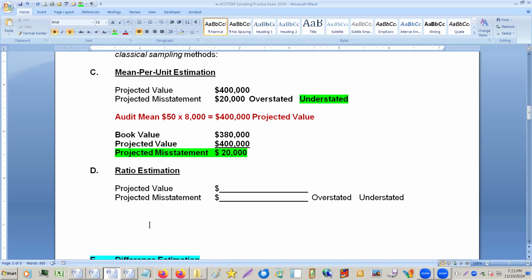Ratio estimation, which is probably my favorite, not that I should have favorites, but there you go.